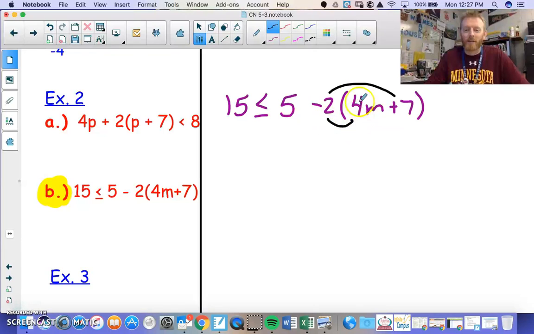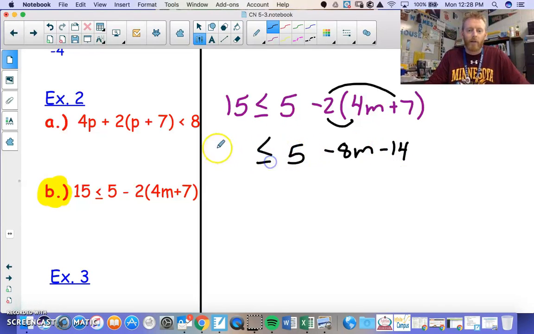So we're going to distribute this negative 2 to the 4m plus 7, which makes us have a negative 8m, and then a minus 14. And then we have a 5 over here still, and the greater than or equal to 15.